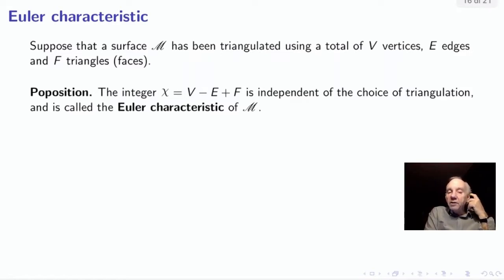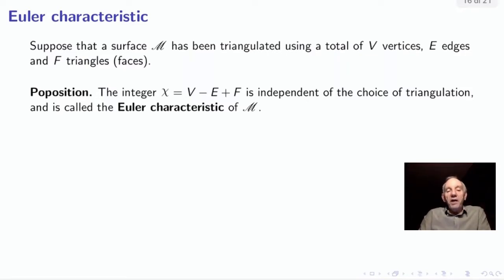And it turns out that whatever triangulation you choose, this alternating sum, V minus E plus F, does not depend upon the choice of triangulation. And this number, normally written chi, Greek chi, is called the Euler characteristic or the Euler number of the surface.